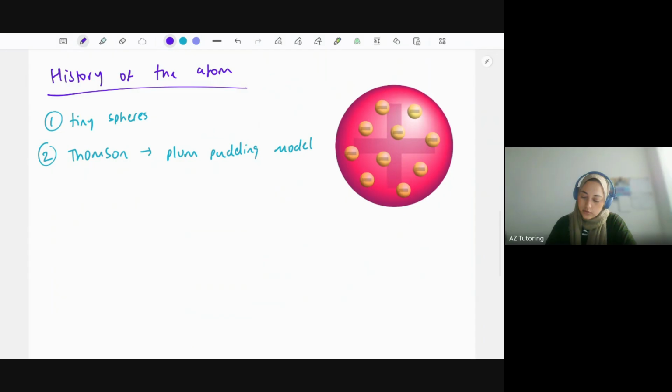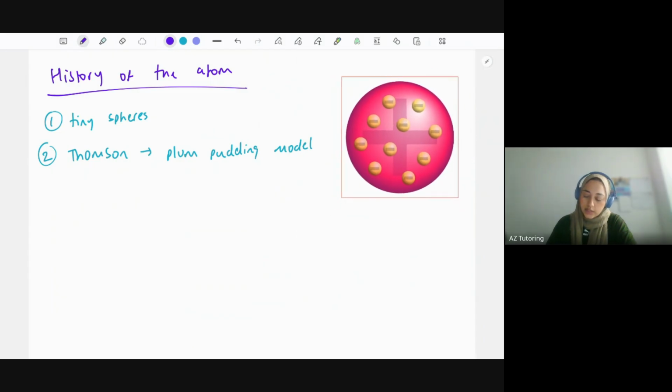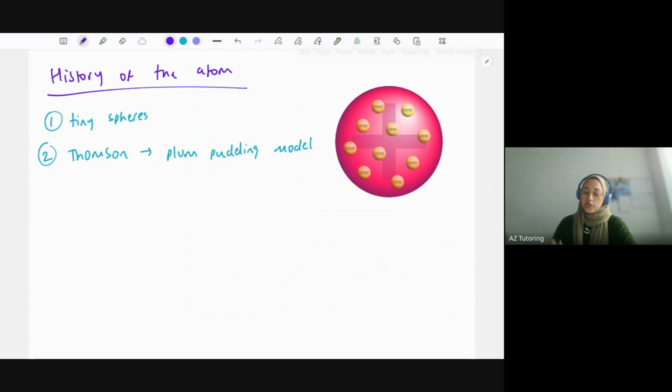Okay, so that's what Thomson believed. He believed it was a ball of positive charge with these negative electrons dotted all around it. So at this point, they still didn't even know about the neutron. It was just the proton and the electrons they knew about. So it looks a bit like a plum pudding. It's just all spotted everywhere. So that's what he thought, a ball of positive charge. That's why there's that big positive there with negative electrons just scattered around it.